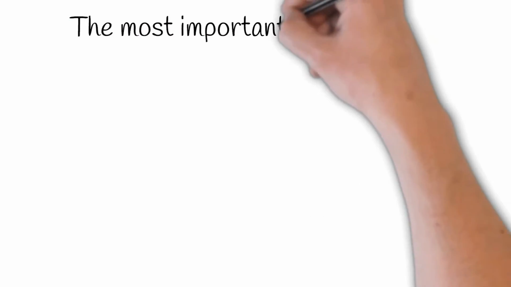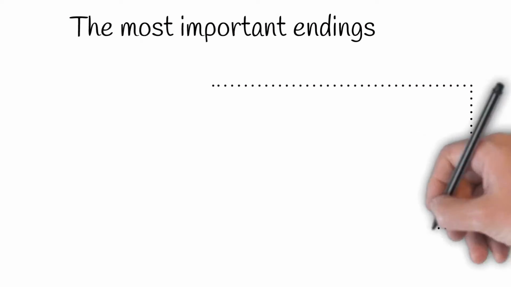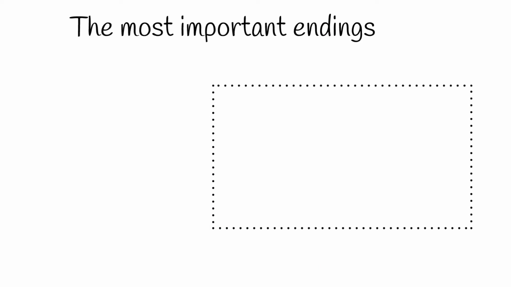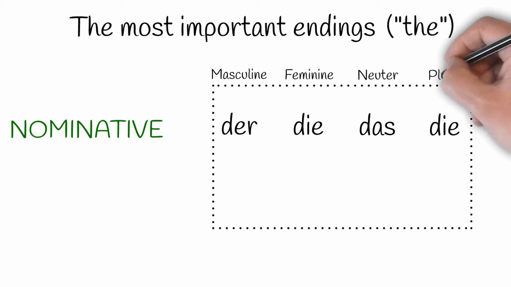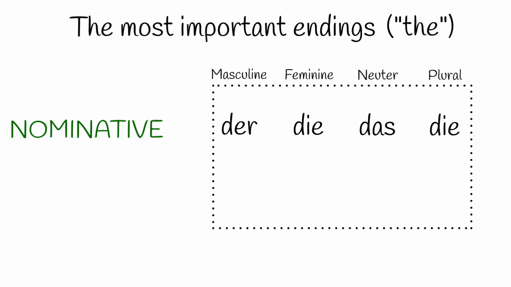These are the most important endings that you need to learn when it comes to nouns. You should be familiar with der, die, das, and die, which are the nominative words for the. If you learn a new noun, you should learn it with one of these words.